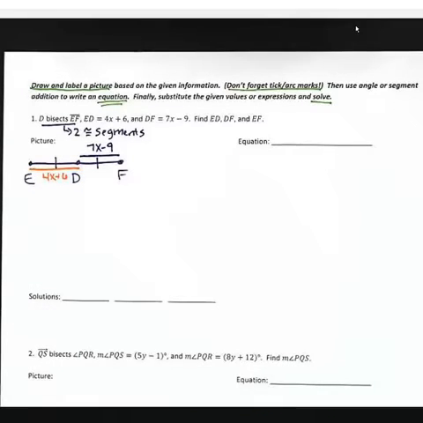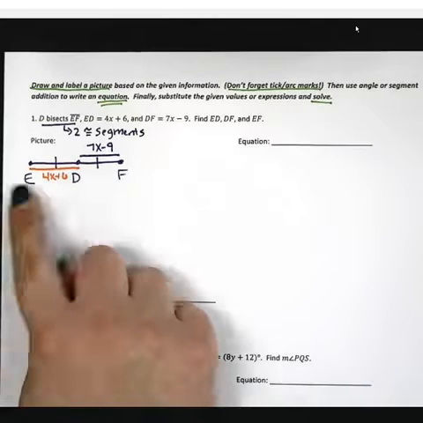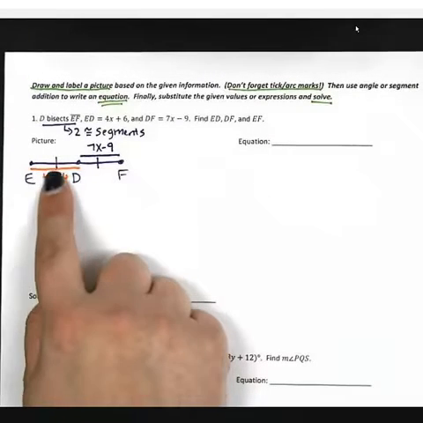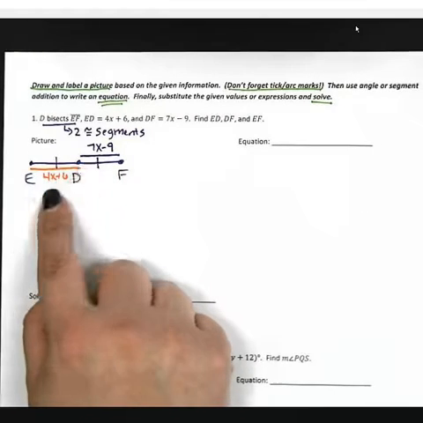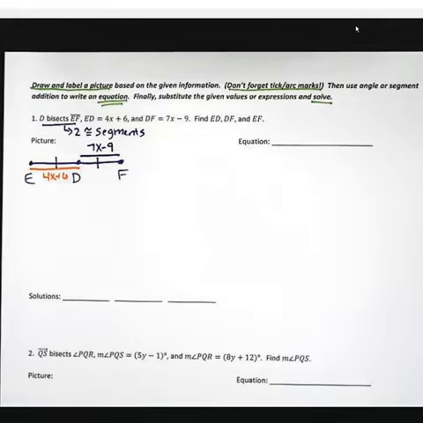And that's all we were given, so that's all we can label. But notice that our picture has the points labeled, it has the tick marks, and it has both of the expressions labeled correctly. So now we need to think about what kind of an equation we can write here.